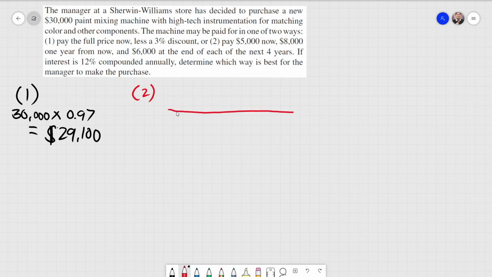So, we have here, this is year 0, year 1, year 2, year 3, year 4, year 5, and year 6. Sabi dito, pay $5,000 now. So, may payment kang $5,000 ngayon. Then, $8,000 1 year from now. So, $8,000 here. And then, $6,000 at the end of each of the next 4 years.